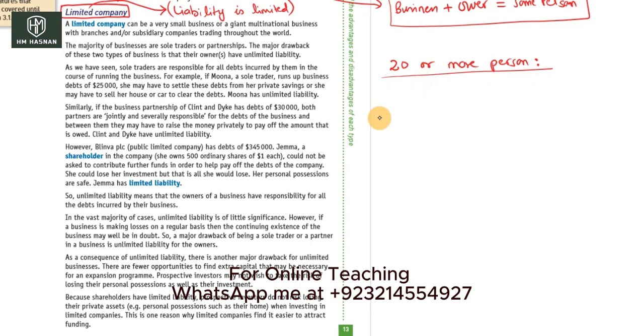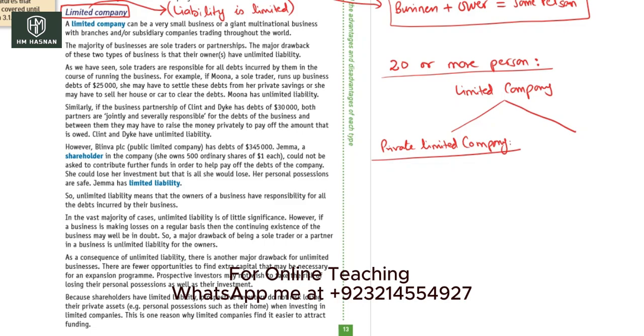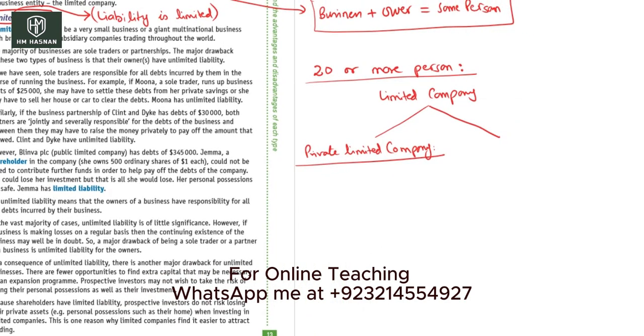Limited company may be of two types: private limited company and the second one is public limited company.